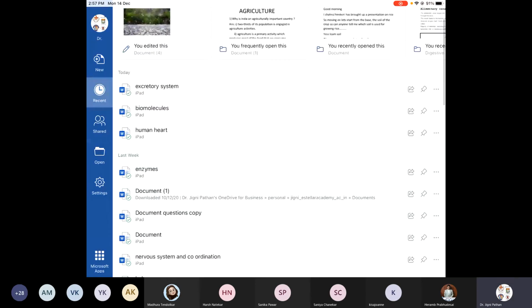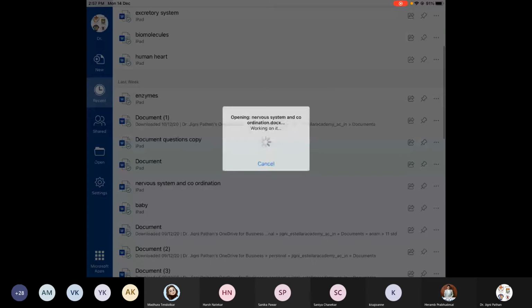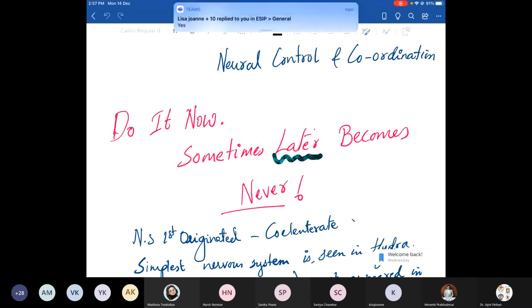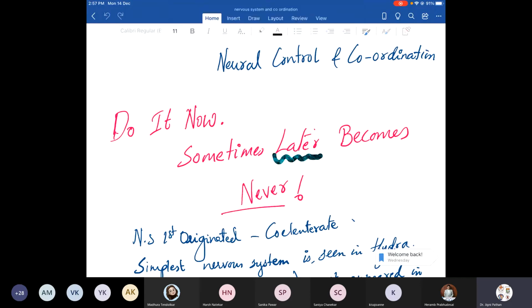Let's start with neural control and coordination.